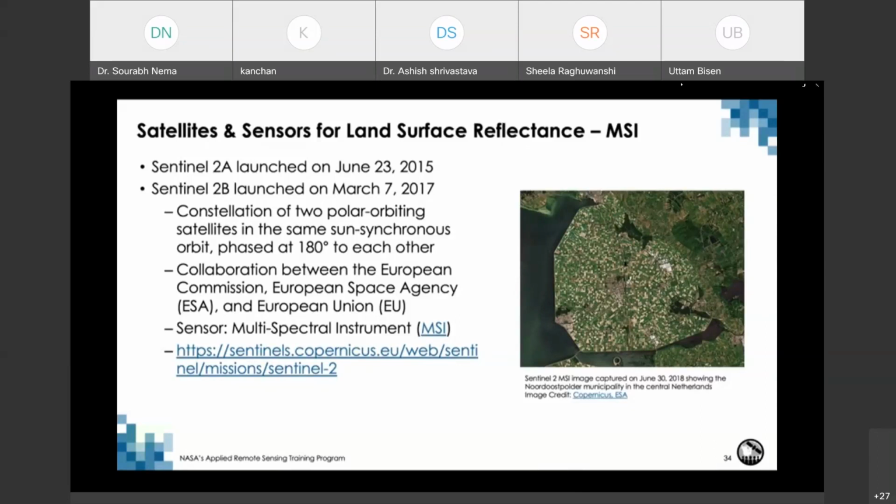The multispectral imager instrument is the primary sensor on both satellites, Sentinel-2A and Sentinel-2B, offering high-resolution optical imagery in 4 bands at 10 meters, 6 bands at 20 meters, and 3 bands at 60 meters spatial resolution. Sentinel-2A launched in 2015, and Sentinel-2B launched in 2017.